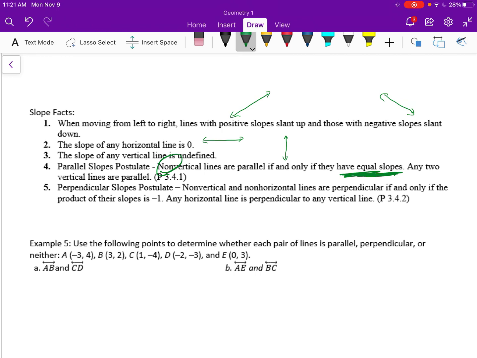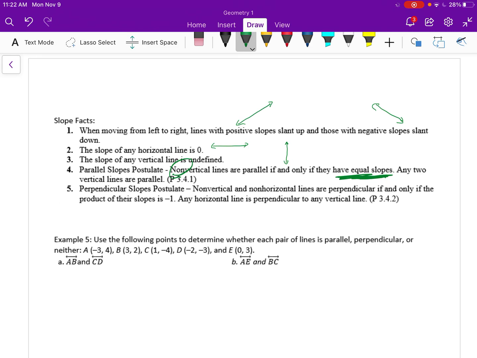And then perpendicular slopes. Non-vertical and non-horizontal lines are perpendicular if and only if the product of their slopes is -1. Another way I like to think of this is their slopes are negative reciprocals.